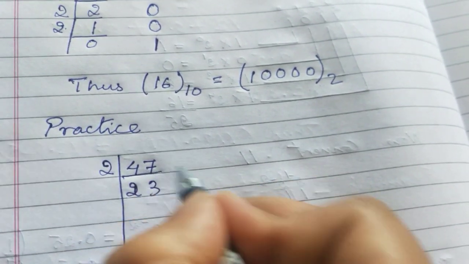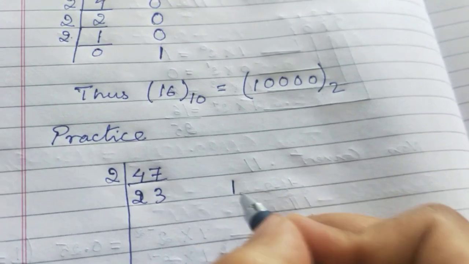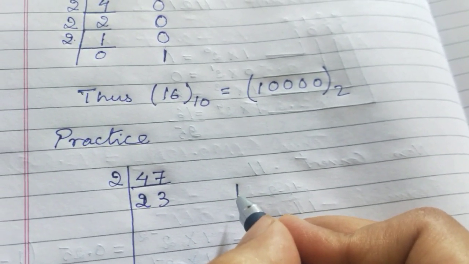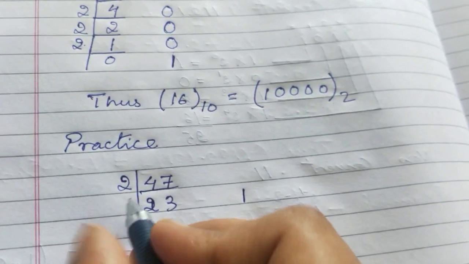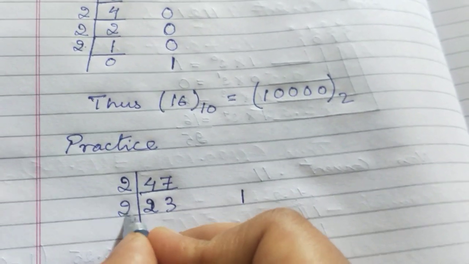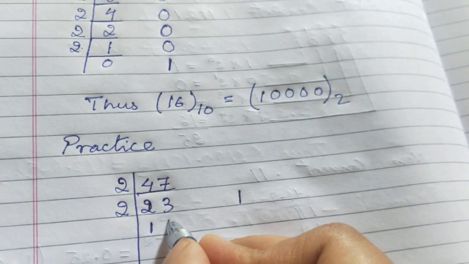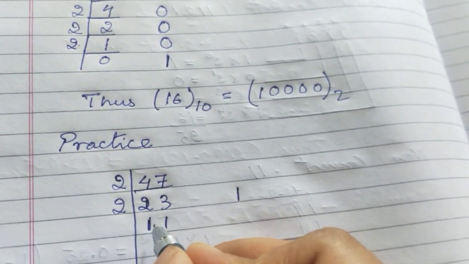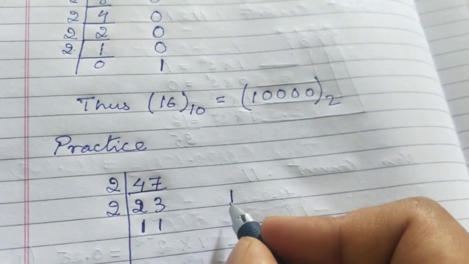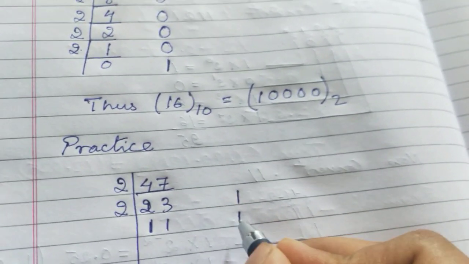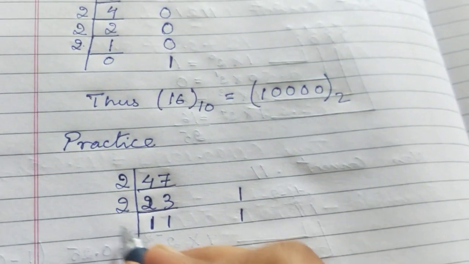Now you have a remainder of 1 over here, so write 1 over here. 7 minus 6 is 1. Again 2 1s are 2. Again 3 minus 2 is 1. So you have 1 remainder over here, and you will write 1 over here.